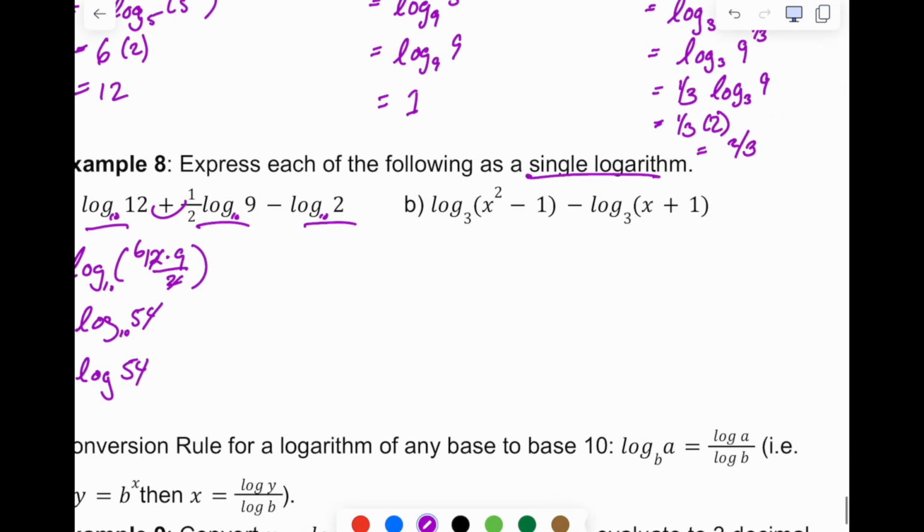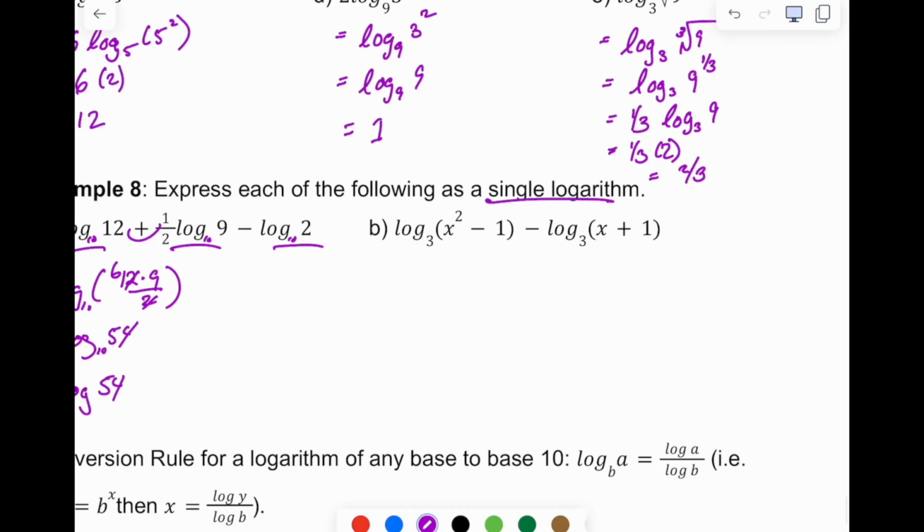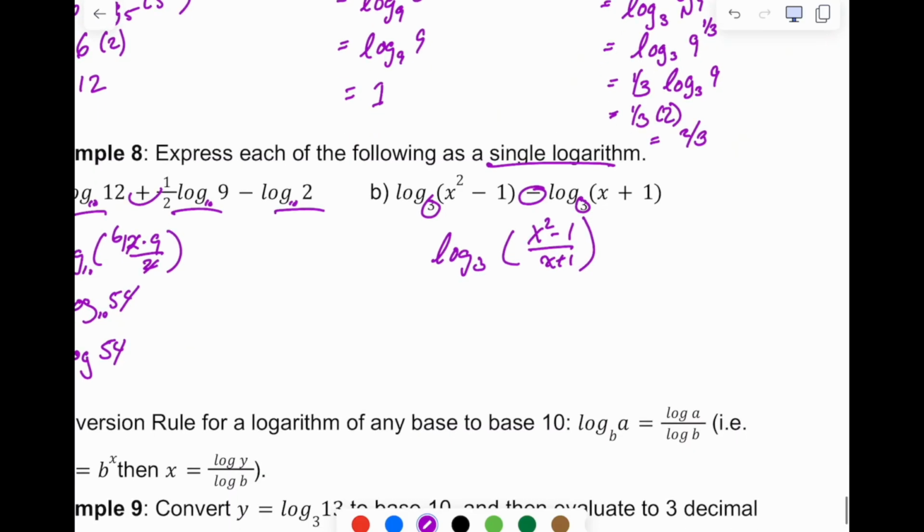Okay. Next one, here we get a log base 3, but we're subtracting. So here this is going to be the same thing as log base 3 of x squared minus 1 over x plus 1. All right, now we want to simplify what's inside our brackets. So here we're going to log base 3. We're going to factor x squared minus 1 to be x plus 1 and x minus 1, over x plus 1.